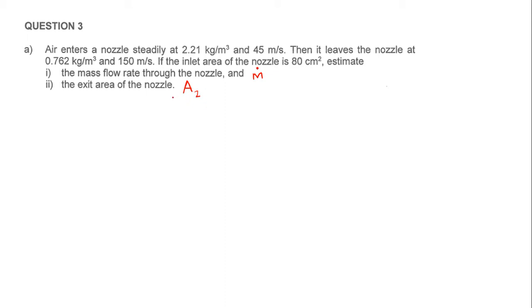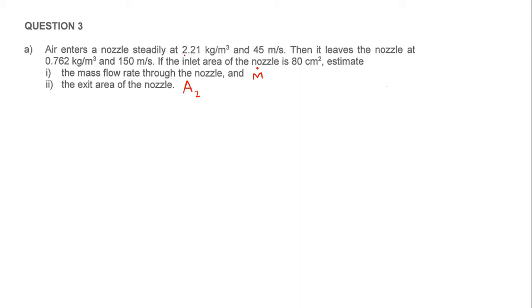Okay, before we start, I recommend you to write all the information that they gave you. What's the first information that we have in this question? Enter nozzle, 2.21 kg per meter cube. What is this?